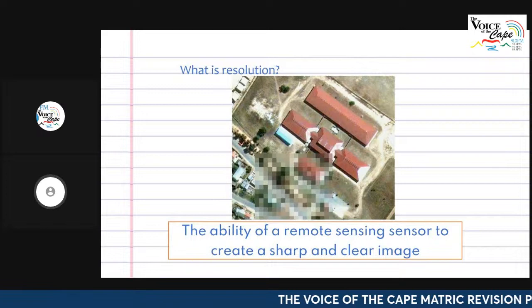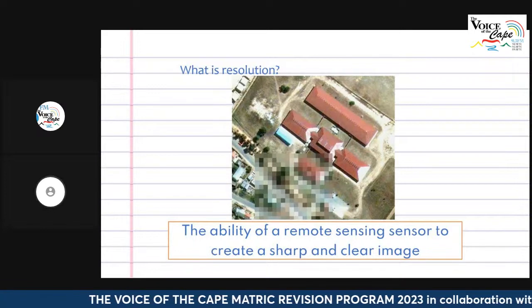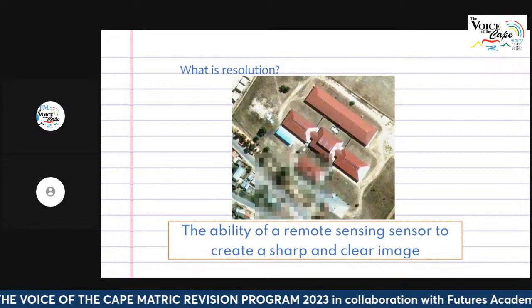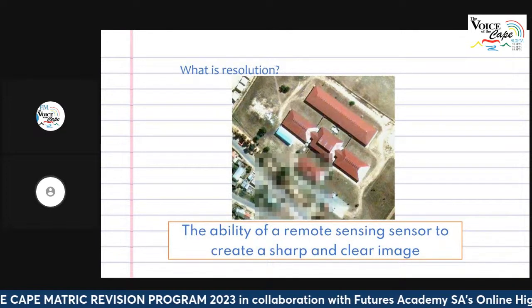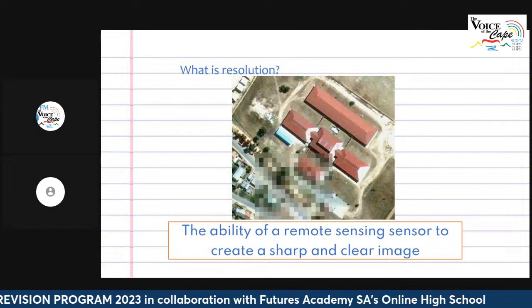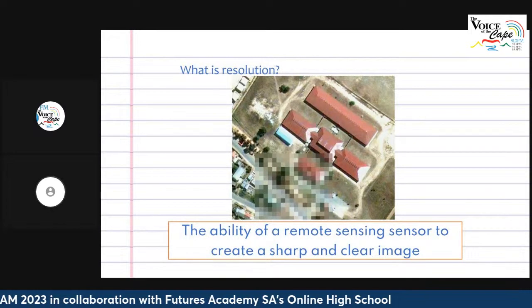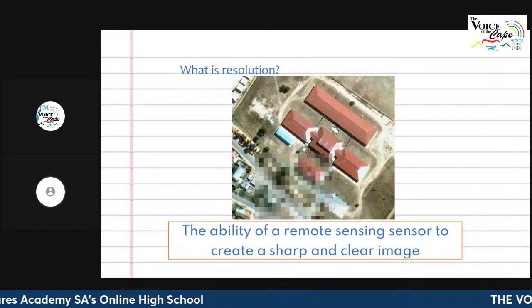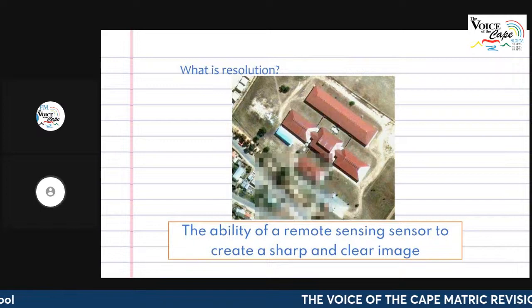So when we talk about this, let's take, for example, if you take in a selfie of yourself and you place your camera of your phone maybe 2 centimeters from your face, would you be able to take a clear image? No. Hence, your pixels are not clear enough.